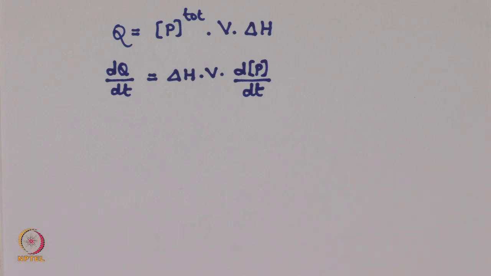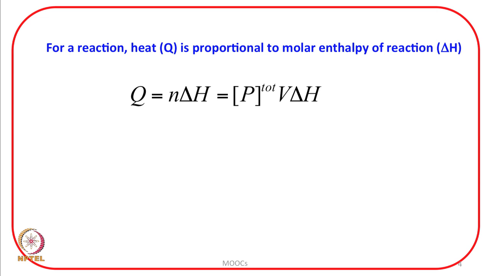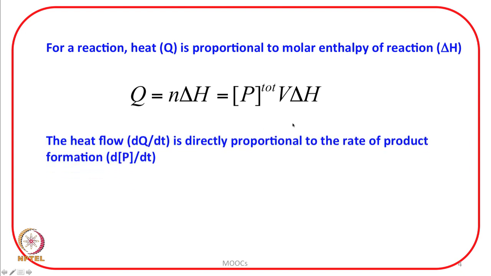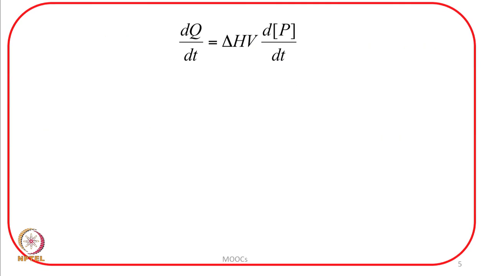Now, let us take a look at the slide. What I discussed is that Q is n times delta H, and that can be connected to P total into volume into delta H, and then if you take the derivative, what I have is dq by dt is equal to delta H into volume into dp by dt, and I just discussed the derivation of this.